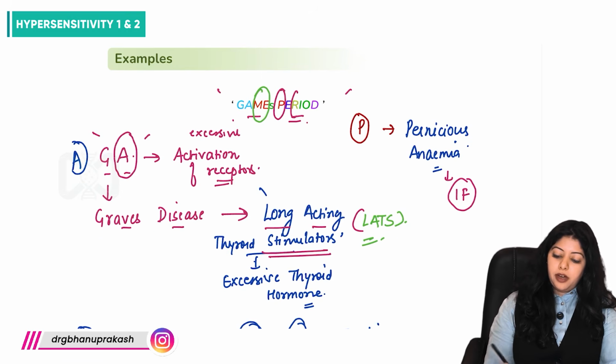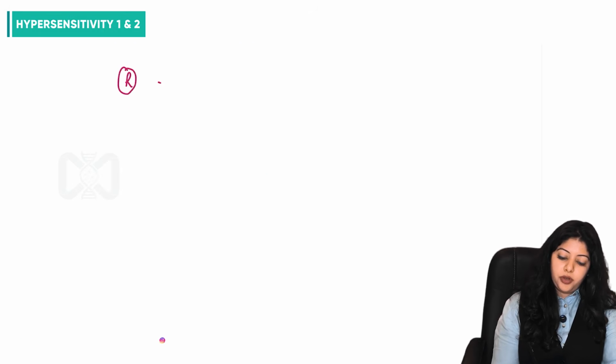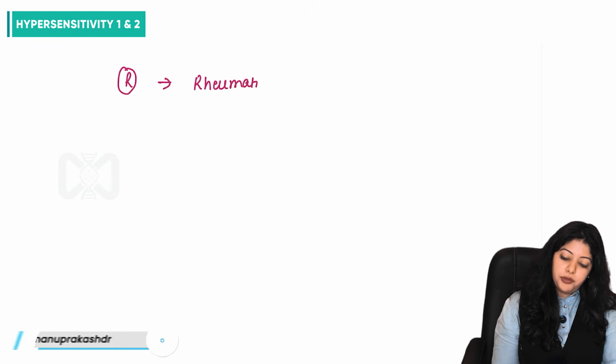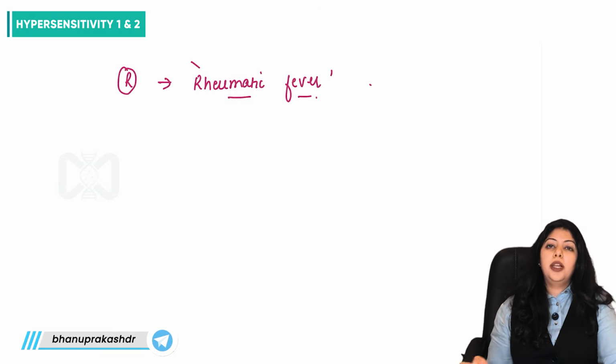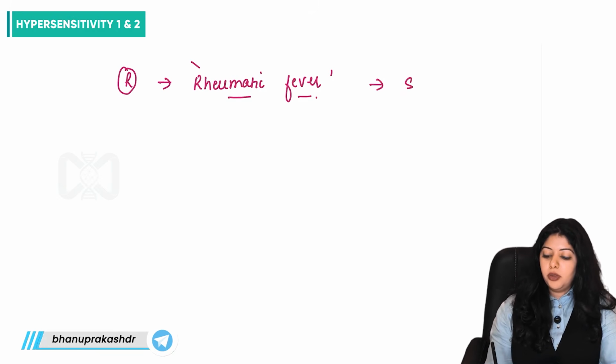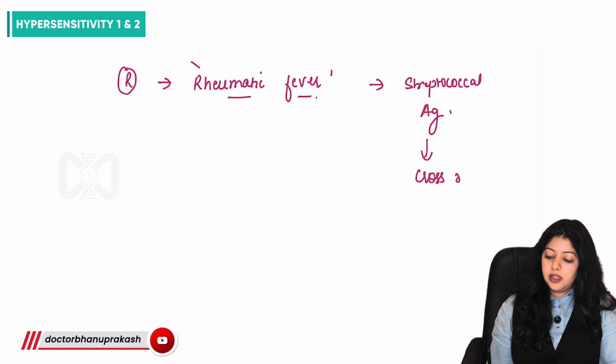And then we have the letter R, which stands for rheumatic fever, wherein antibodies are formed against streptococcal antigens, which cross-react with cardiac antigens, with the heart.